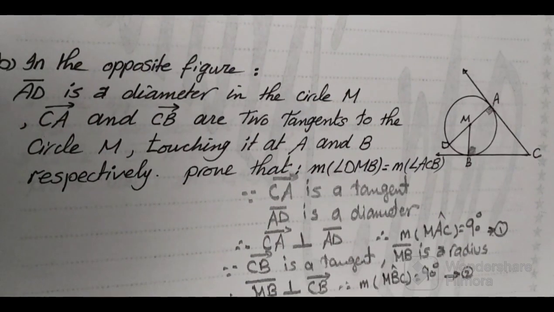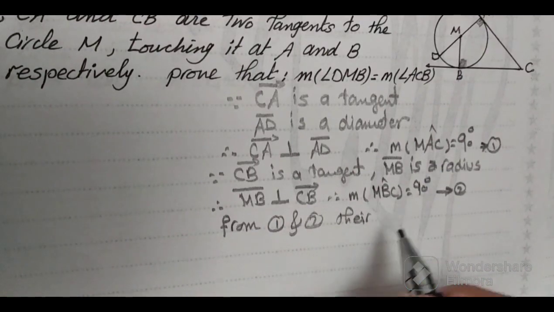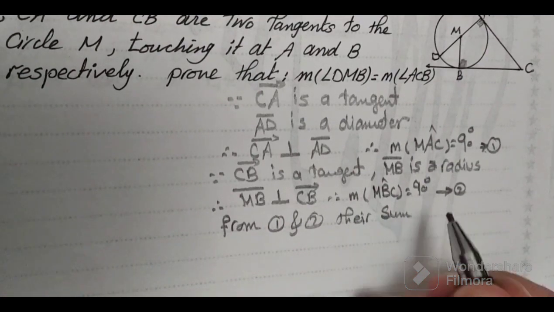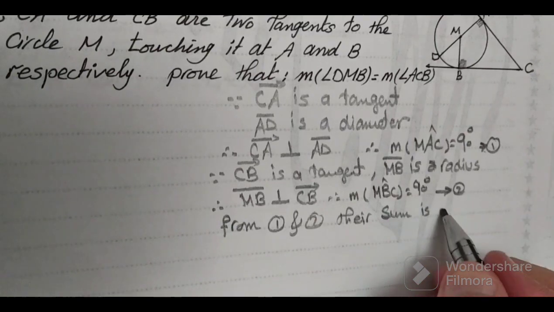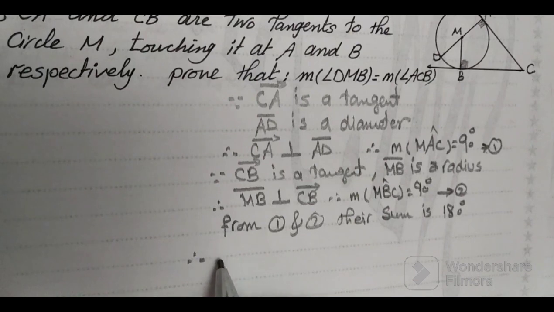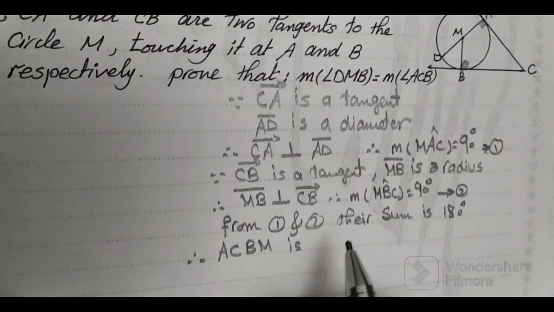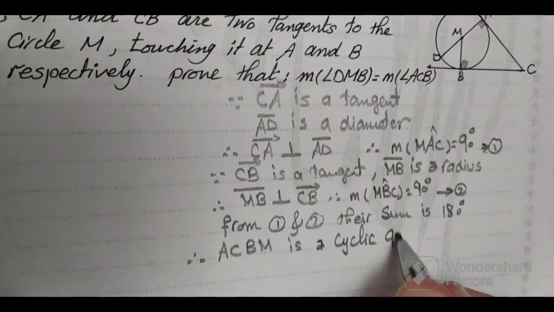From 1 and 2, their sum is 180 degrees. Therefore the figure ACBM is a cyclic quadrilateral.